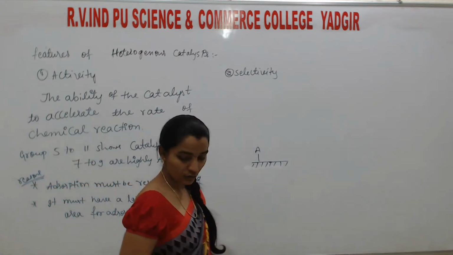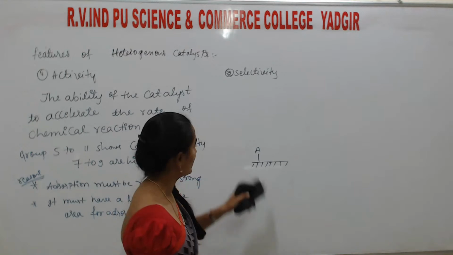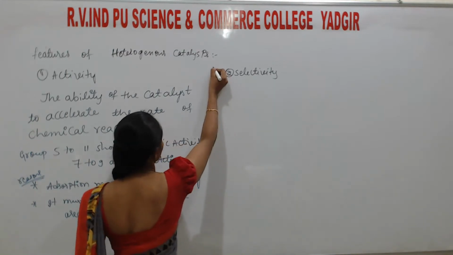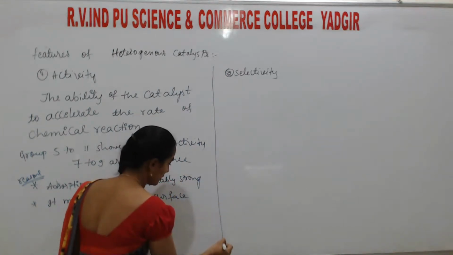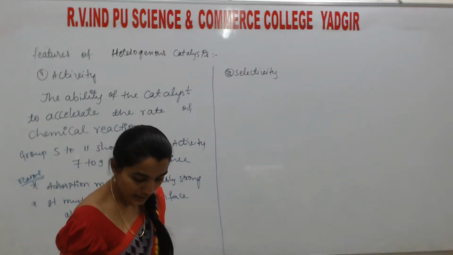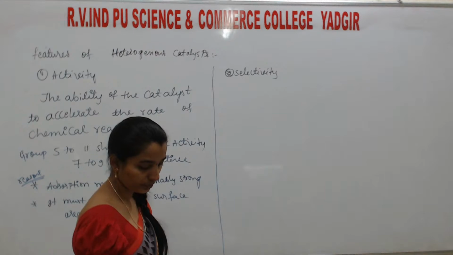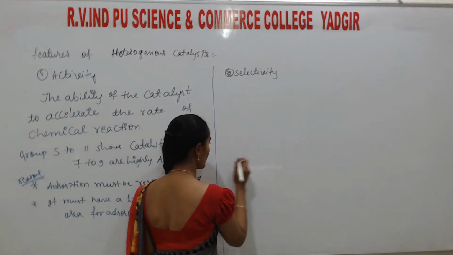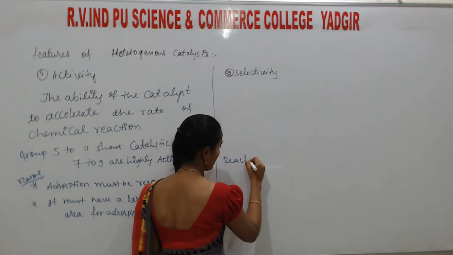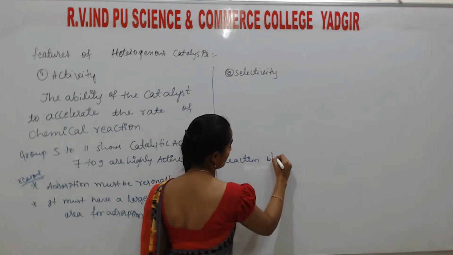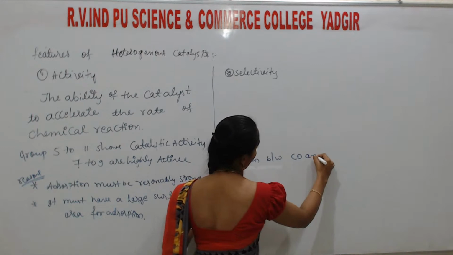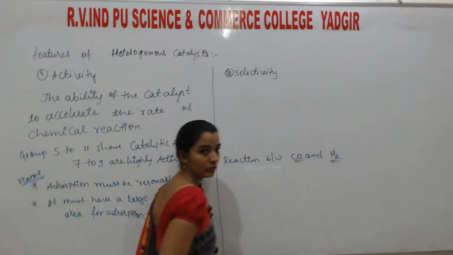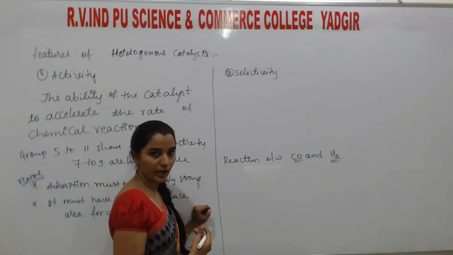So the next one, students, is selectivity. What does selectivity mean? Okay, I'll give some reactions, then you will come to know. For example, I'll take the reaction between CO and H2, carbon monoxide and H2. I'll give a set of reactions here.